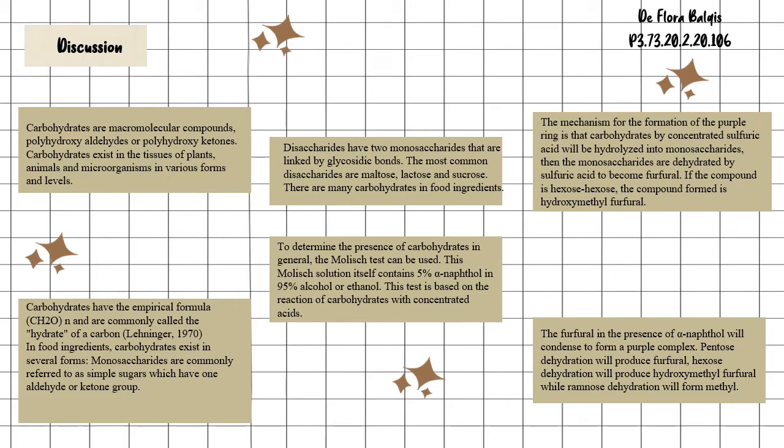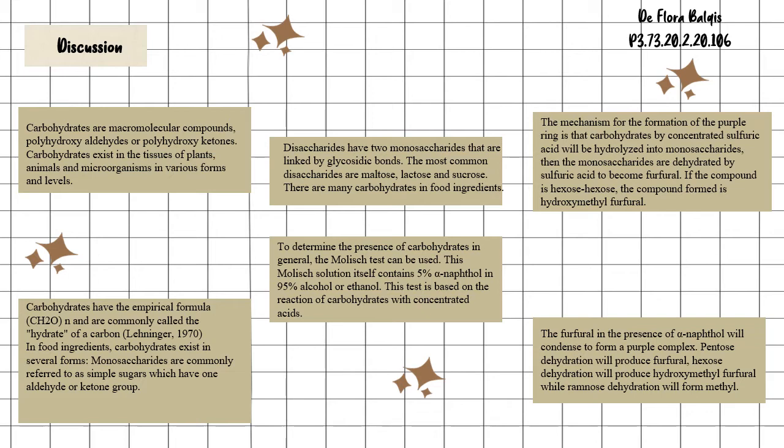To determine the presence of carbohydrate in general, the Molisch test can be used. This Molisch solution itself contains 5% alpha-naphthol in 95% ethanol. This test is based on the reaction of carbohydrates with concentrated acid.